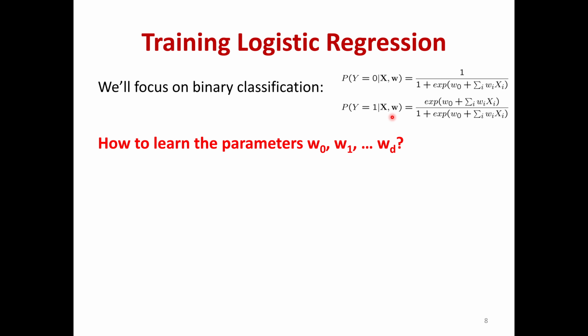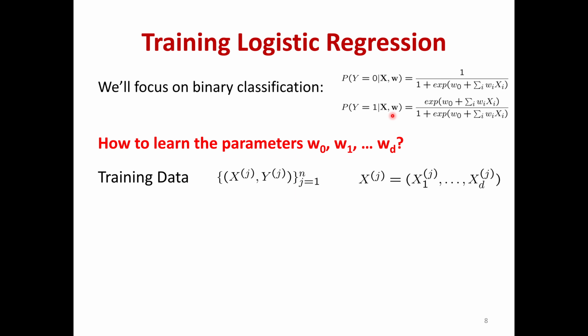To keep everything simple, let's just assume that we are dealing again with binary classification. We only have two classes where y could be either 0 or 1. This is the probability that y is 0 given x, and this is the probability that y is 1 given x.